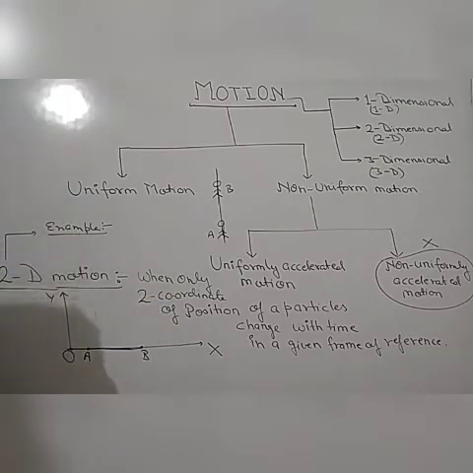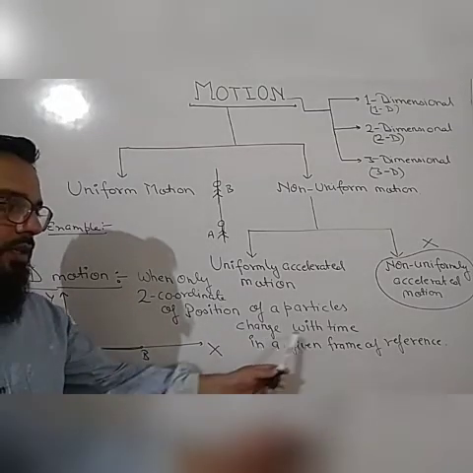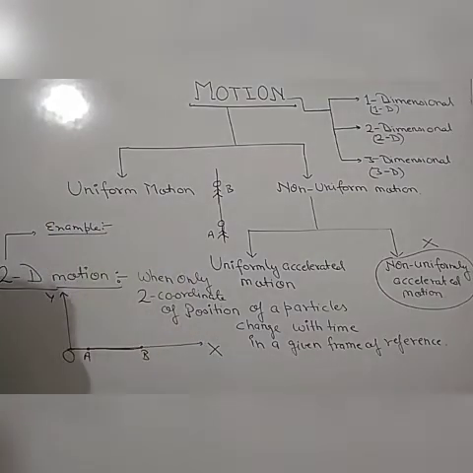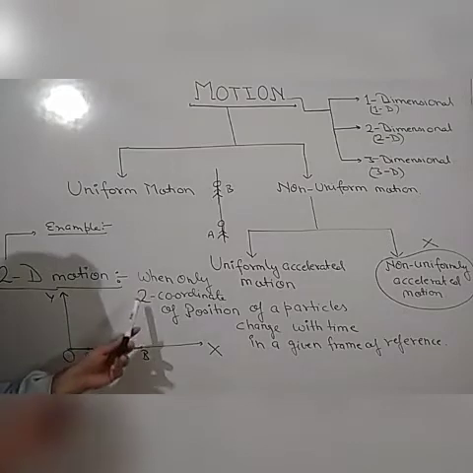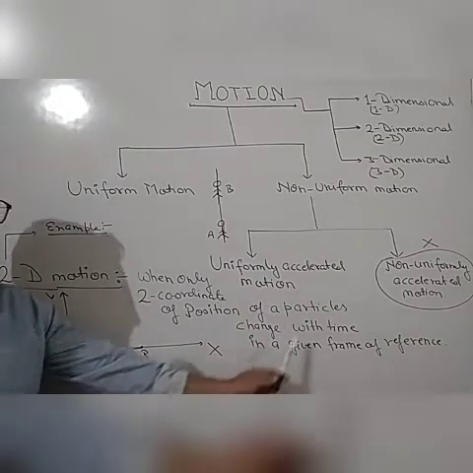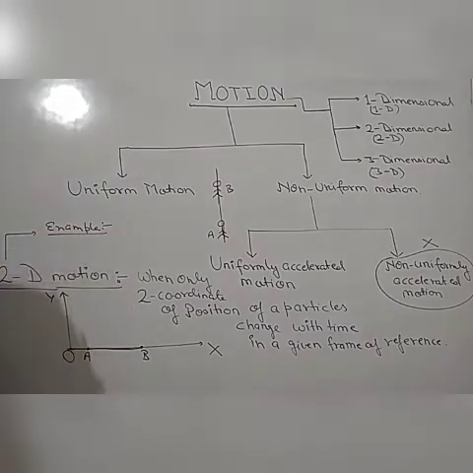When two coordinates of the position of a particle change with time in a given frame of reference, then that particular motion is said to be two-dimensional motion. Okay, so how will this motion take place?